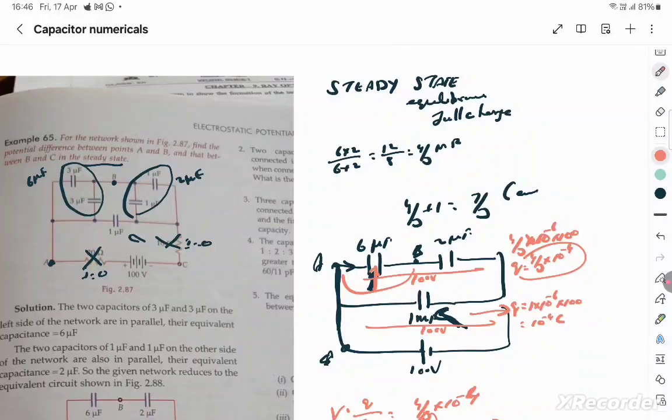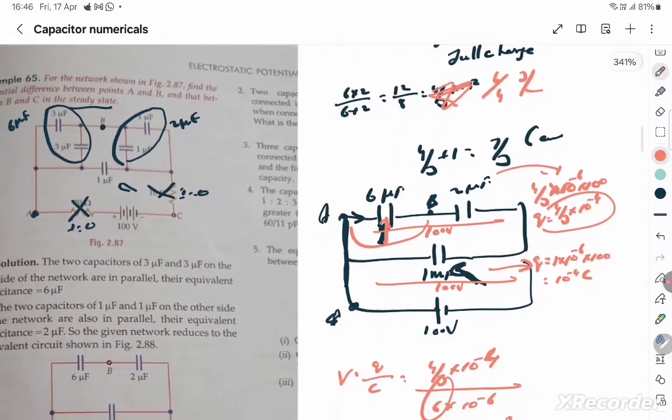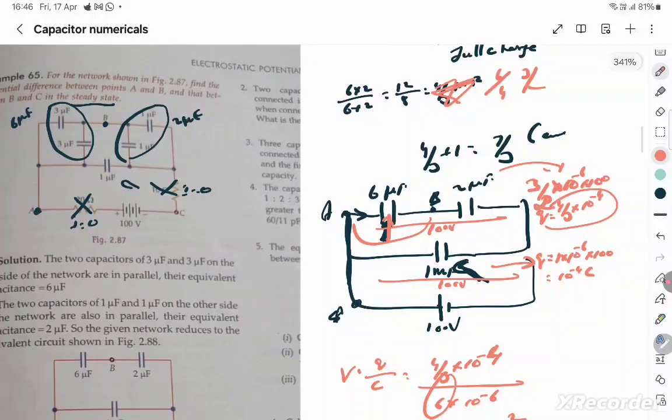I know that the equivalent capacitance of this is 6 into 2 by 6 plus 2, which is 12 by 8, which is maybe where this is wrong. I wrote this wrongly; it is 3 by 2, and this has to be 3 by 2. Sorry about the calculation mistake.